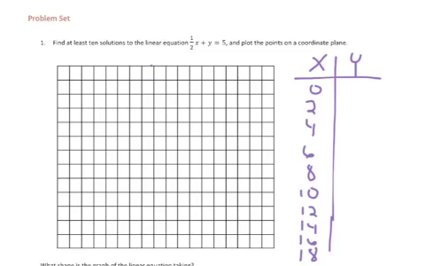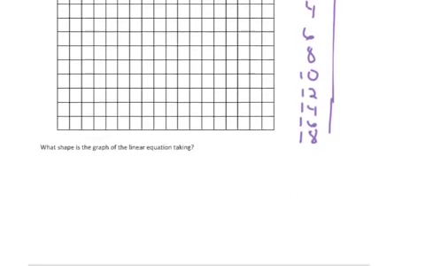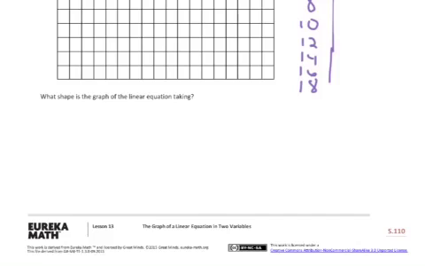So for number 1, you are just going to plug in these values into your equation. You're going to get your Y values, and then you will graph it on this coordinate grid. Make sure to use an appropriate scale based off of your values. And then talk about the shape.